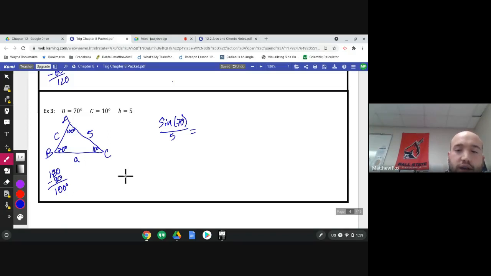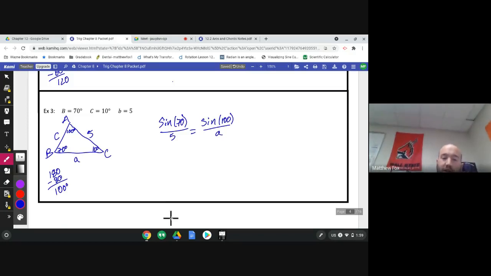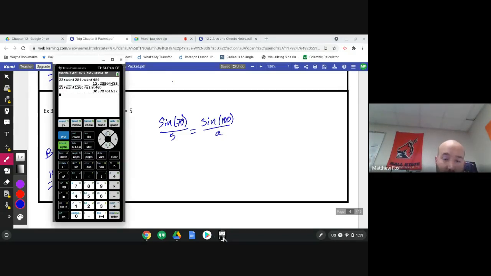So sine of 100 divided by A. If we multiply, we're going to get 5 times the sine of 100 divided by the sine of 70. So we get 5.2 as our value of A.